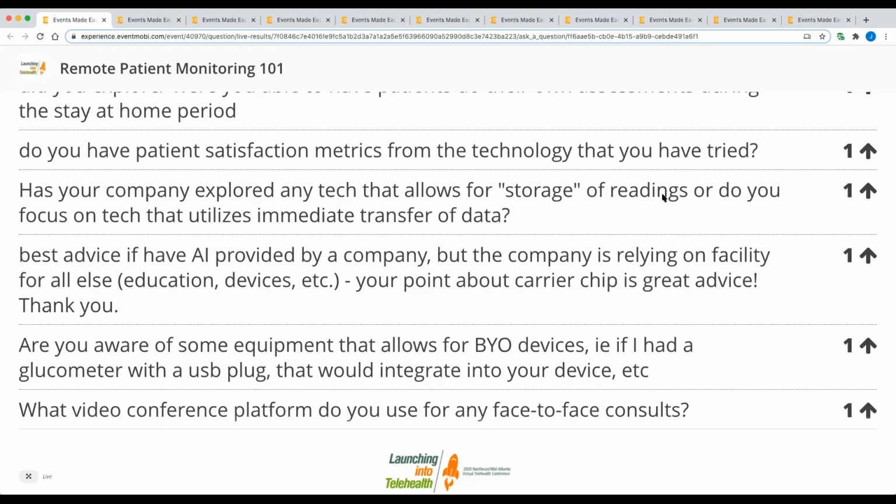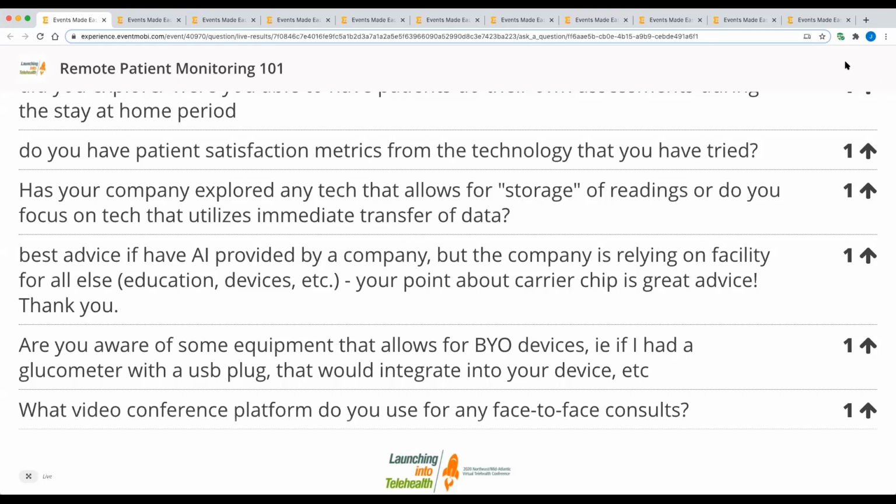Correct. I'm not quite sure how that would work. If you're interested in a vendor who has artificial intelligence embedded in their software and has devices, I could help you and make some contacts so that you could explore that. But that seems disjointed to me. It seems like it to me too. Thank you very much. I appreciate it.